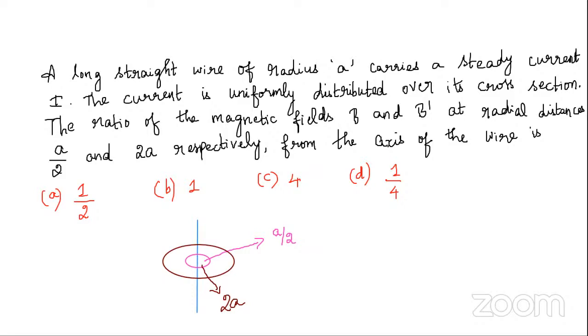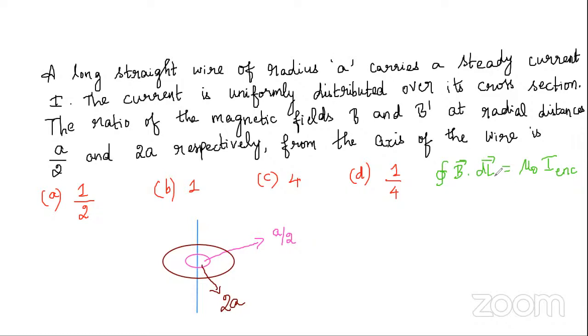How can we proceed? What is the statement of Ampere's circuital law? It is integral B dot dl equal to mu naught into I enclosed. Here dl is the Amperian loop circumference.